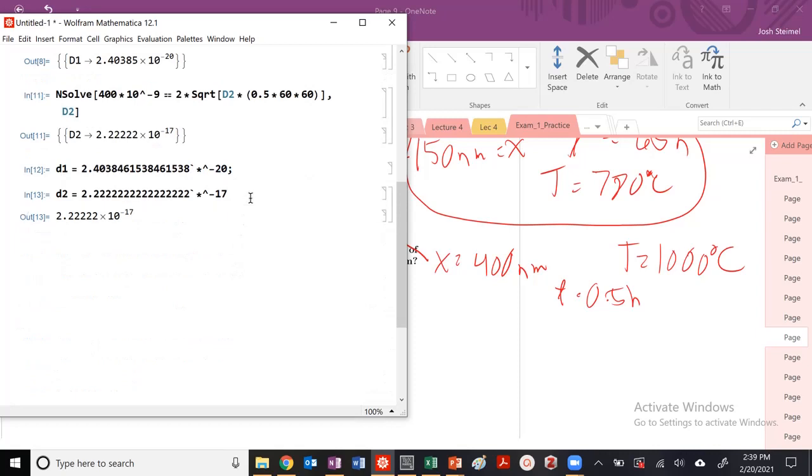Now I need to solve simultaneously that D1 is equal to D naught times exponential, where K is our Boltzmann's constant, 1.38 times 10 to the minus 23, equals minus QA divided by K times our temperature.